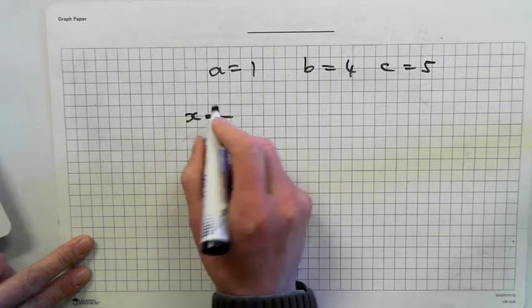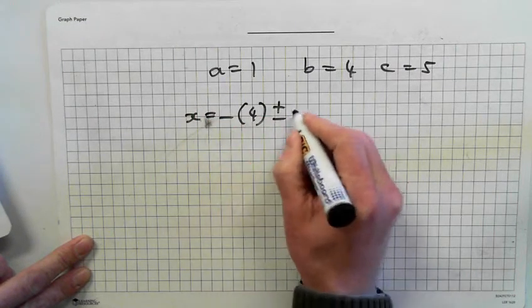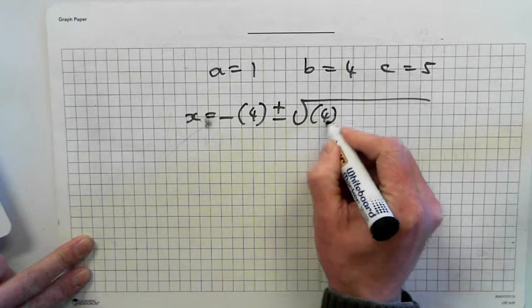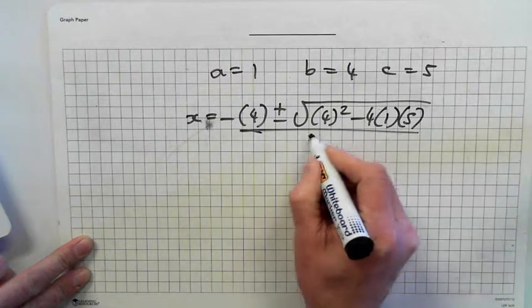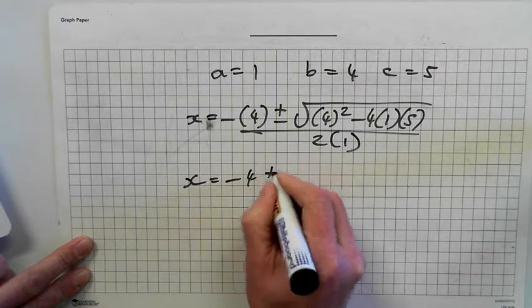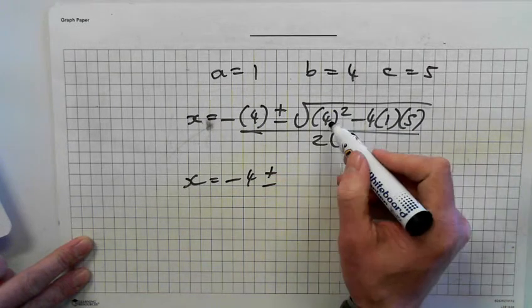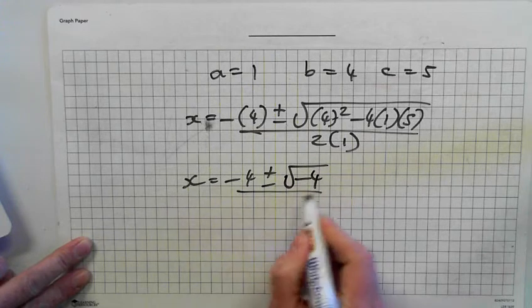So x is equal to minus b, 4, plus or minus the square root of b squared minus 4 times 1 times 5, over 2 times 1. So x is equal to minus 4 plus or minus the square root of minus 4, over 2.